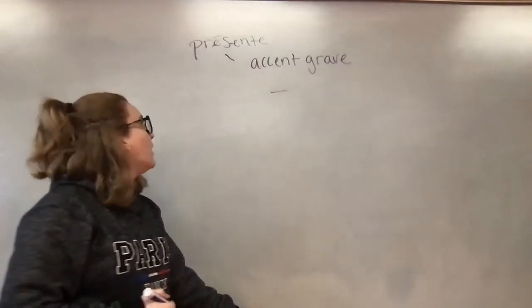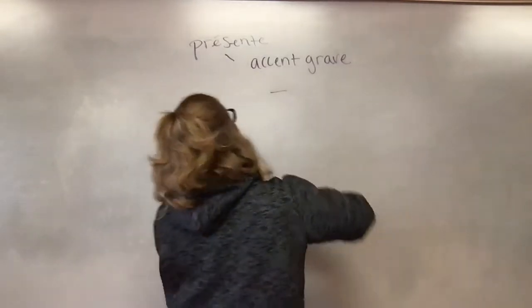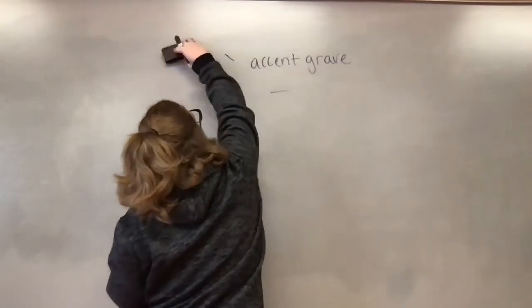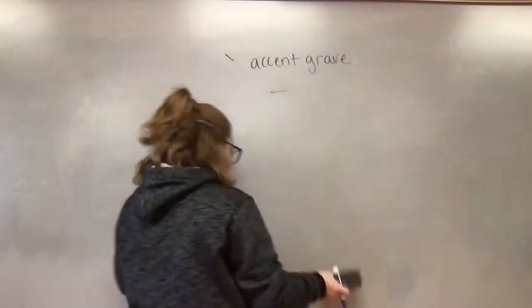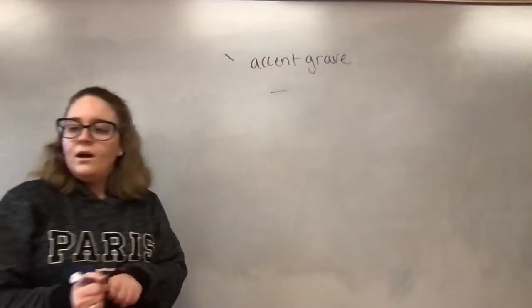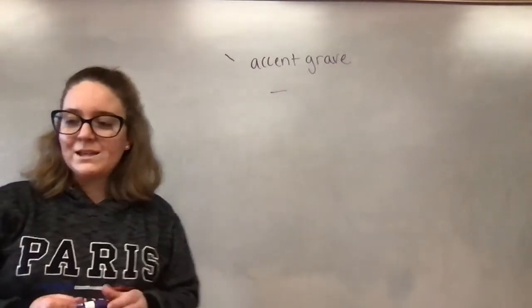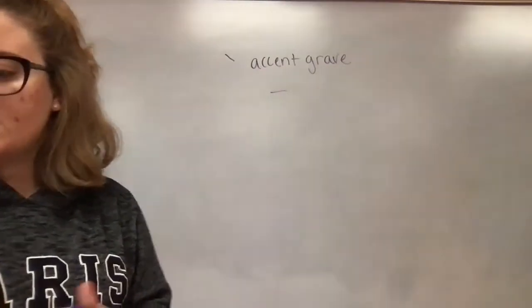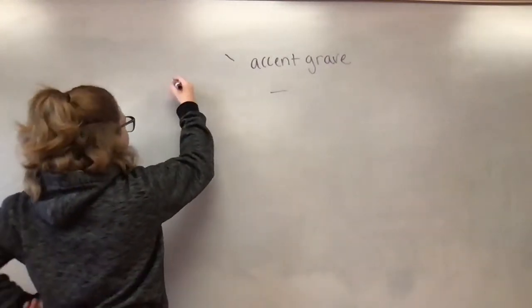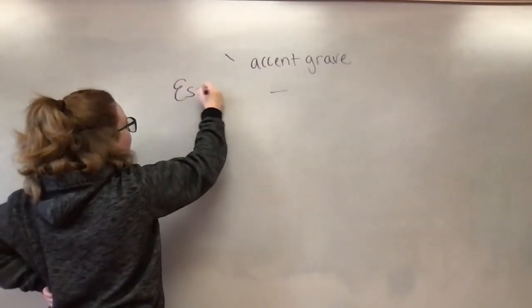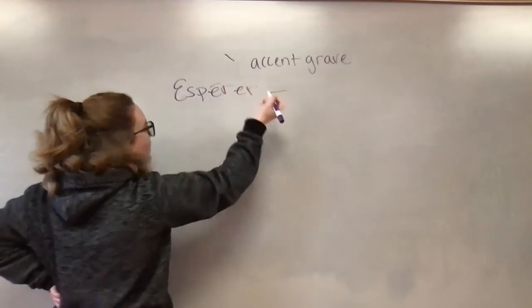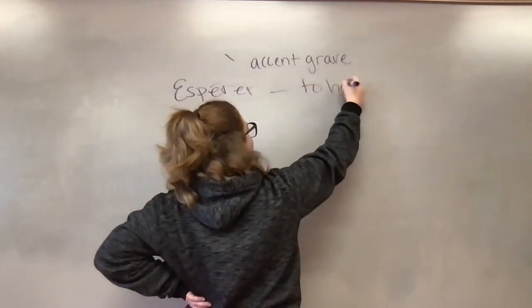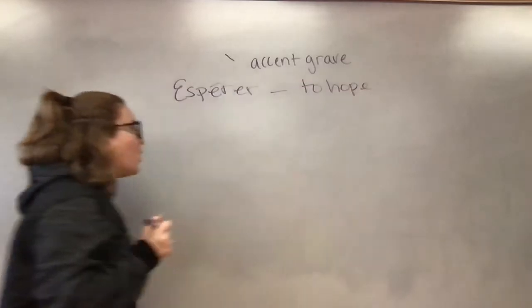All right, now go ahead and get rid of that too. Nothing distracting here. The next pattern that we're going to learn is with the verb espérer. The verb espérer, you might remember, means to hope.